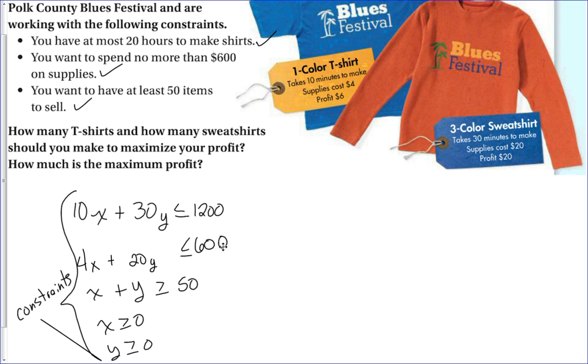That's going to have to be less than or equal to $600. We want at least 50 items to sell, so the number of t-shirts plus the number of sweatshirts will need to be greater than or equal to 50. And of course, we can't make less than 0 t-shirts and we can't make less than 0 sweatshirts. So here we have our constraints.